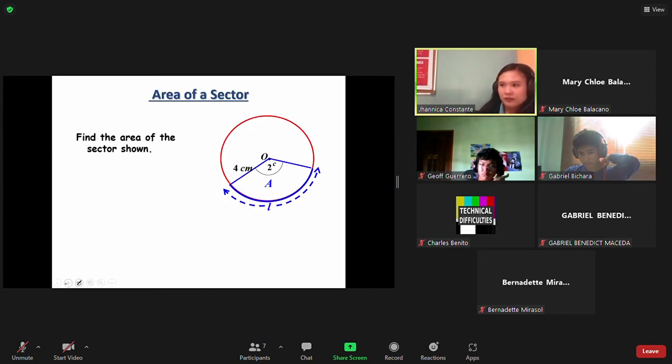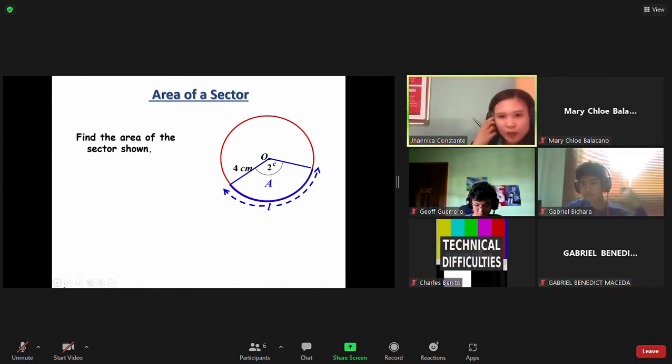So for example, we have this circle that has a radius of 4 centimeters and an angle which is 2 degrees.